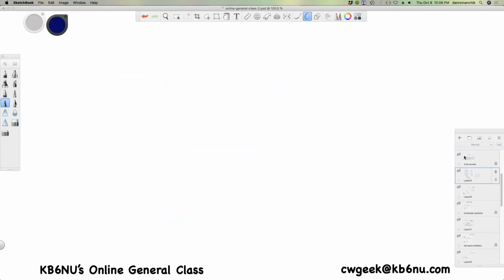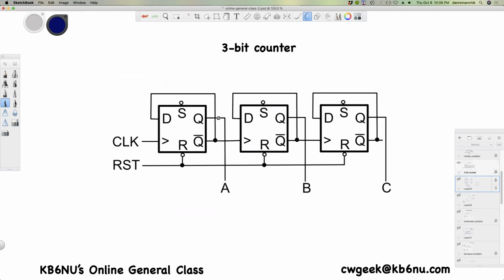There's another type of circuit that's a little more complicated called the flip-flop. And this is a quote unquote 3-bit counter made with 3 flip-flops. What a flip-flop will do is it will change state when it gets a clock input.